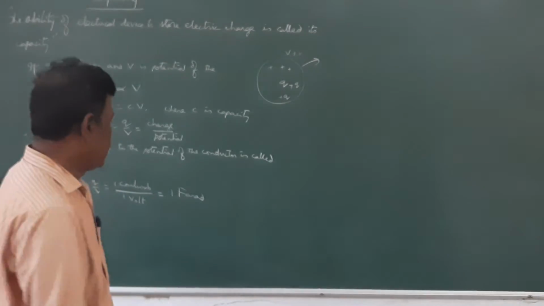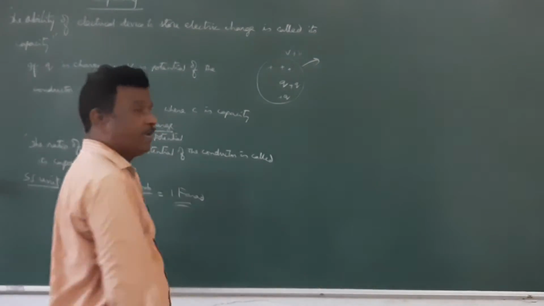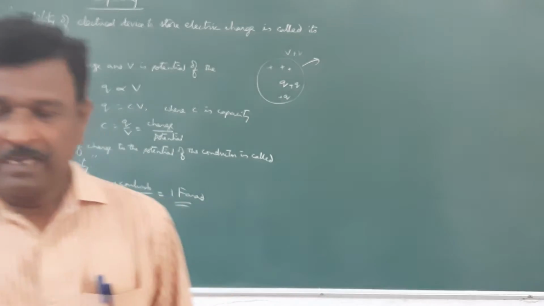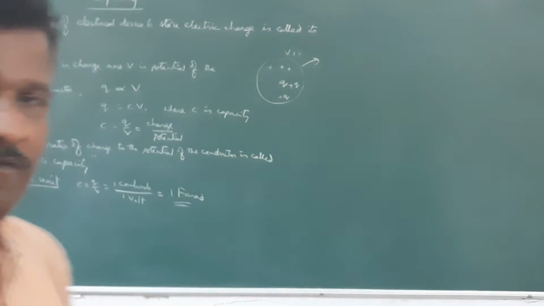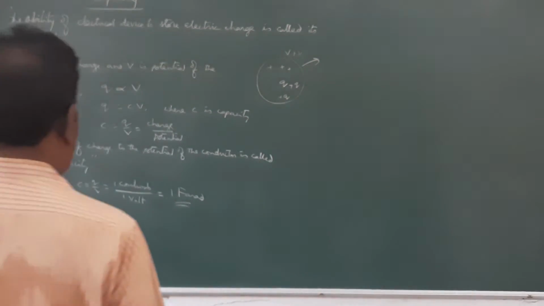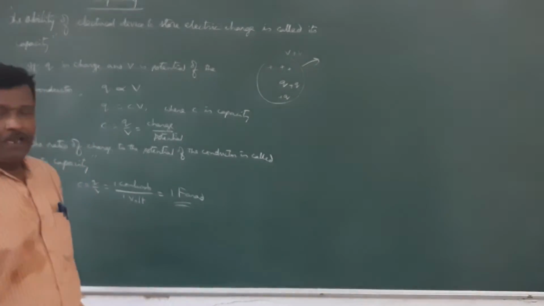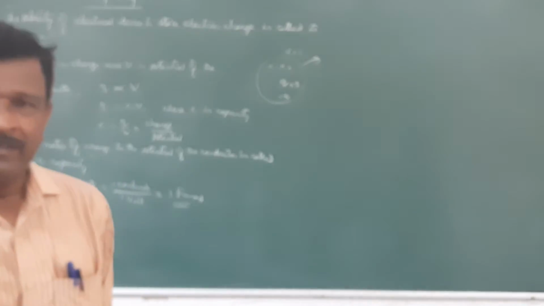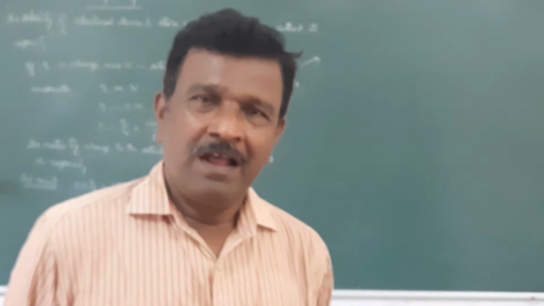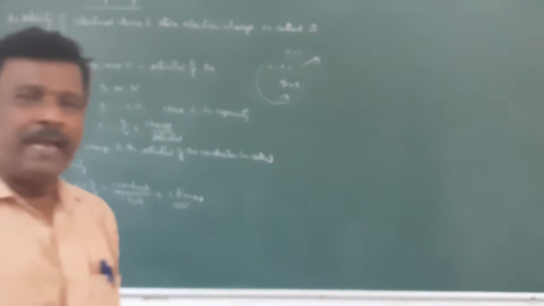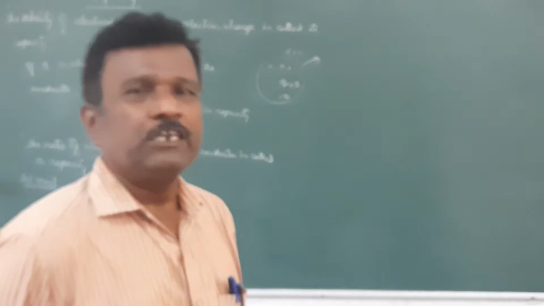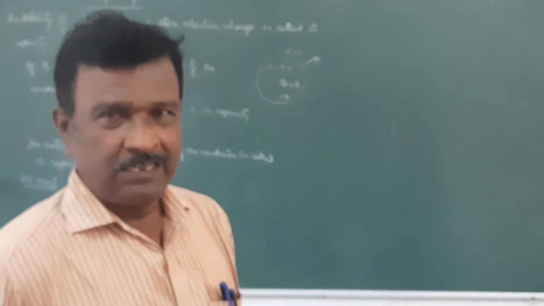Farad is the unit of electrical capacity. Capacity is measured in farad. Now, the farad is a very large unit, because the capacity of our entire earth is equal to 700 microfarads.